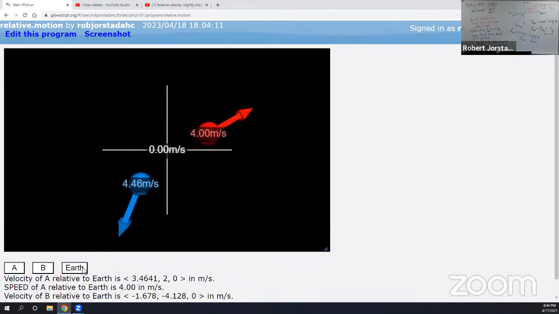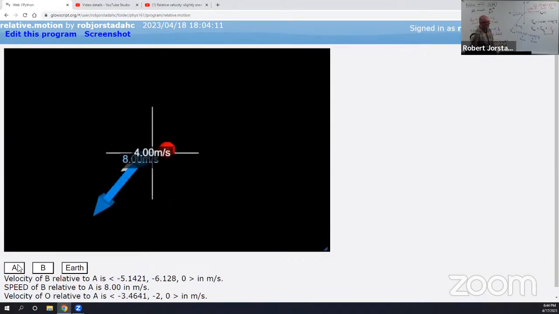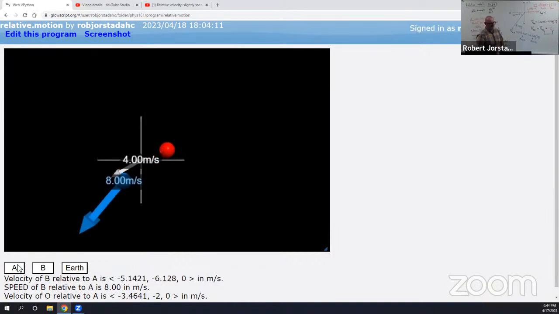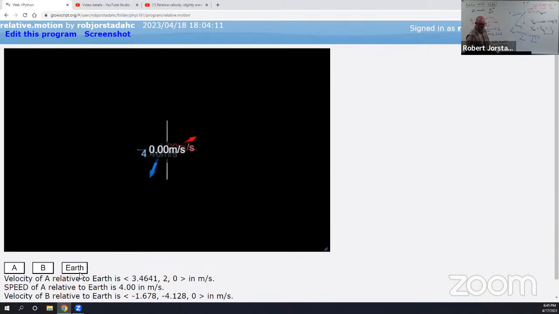The velocity of B relative to the Earth, which is the stationary coordinate system, is that. Notice one of the pieces of information you were given in the problem was this 8 meters per second. What's crazy is I gave you information from one picture for B, and from this picture for A, and you had to sort that out.